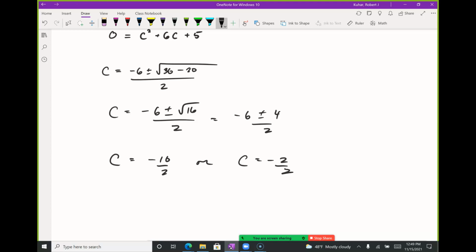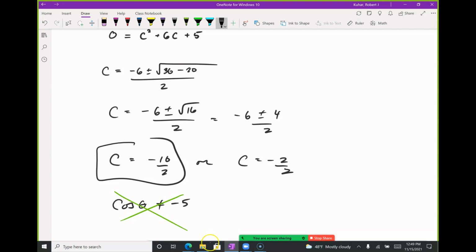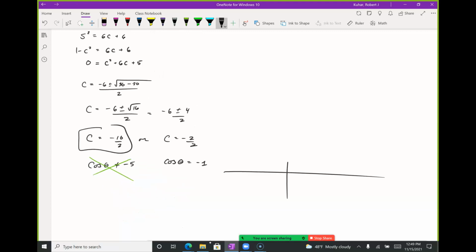Okay, well this one can't happen, right? Cosine can't equal negative 5. The lowest it goes is negative 1, right? So there's no solution from this. And this one says cosine of theta is equal to negative 1. Well, that's nice because I know when that happens, right? Cosine hits negative 1 every odd pi.